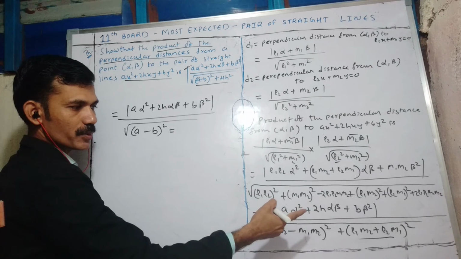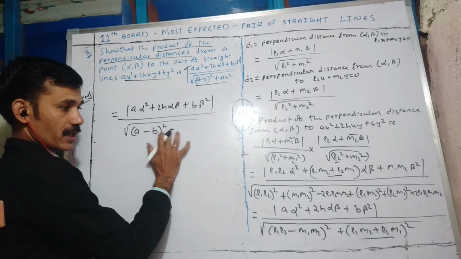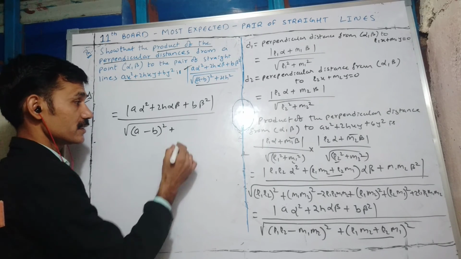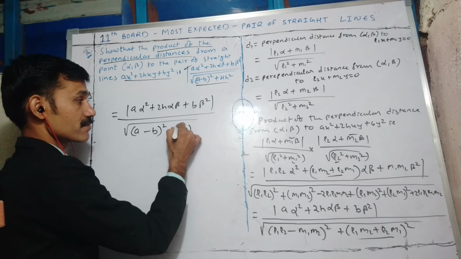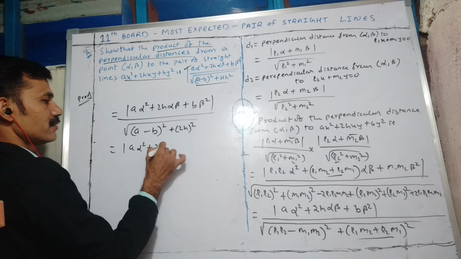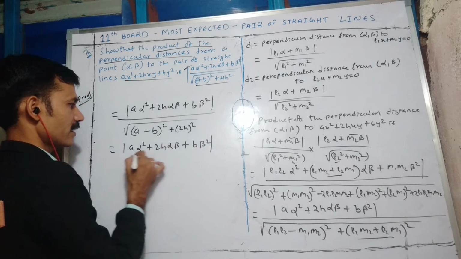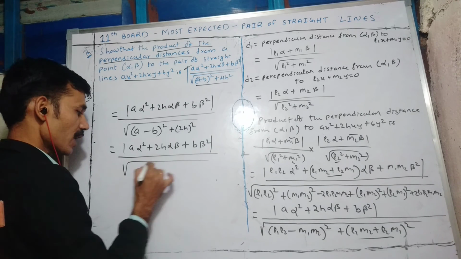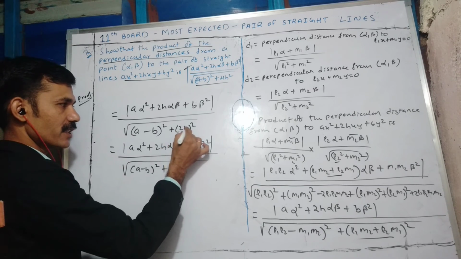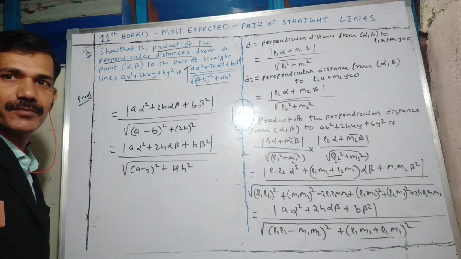There L1 M2 plus L2 M1 means this you can replace with 2h, no? L1 M2 plus L2 M1 whole square is there, 2h whole square I can replace. Then what I am going to get finally? A alpha square plus 2h times alpha into beta plus b times beta square upon under root of a minus b whole square plus square means both terms will get square, no? 2 square means 4 h square. This is what I have to prove.